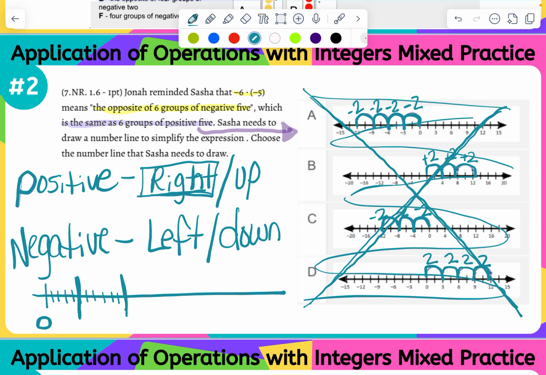There's 2. Then more groups of 5. How many is that? 1, 2, 3, 4, 5, 6. There's my 6 groups of positive 5.